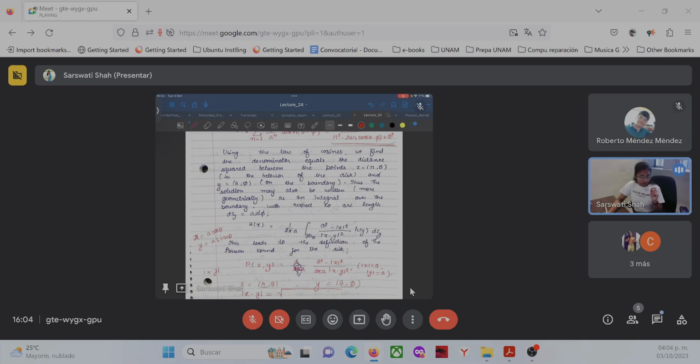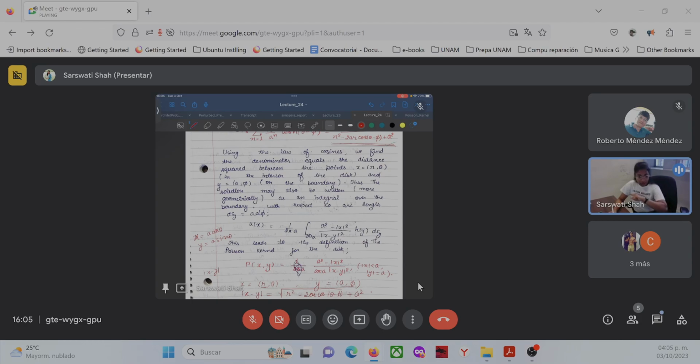Now we have the coordinates in the polar coordinates, we don't have the coordinates in the Cartesian coordinates. So in the polar coordinates, the distance is given by the square root of r square minus 2ar cos(theta minus phi) plus a square.